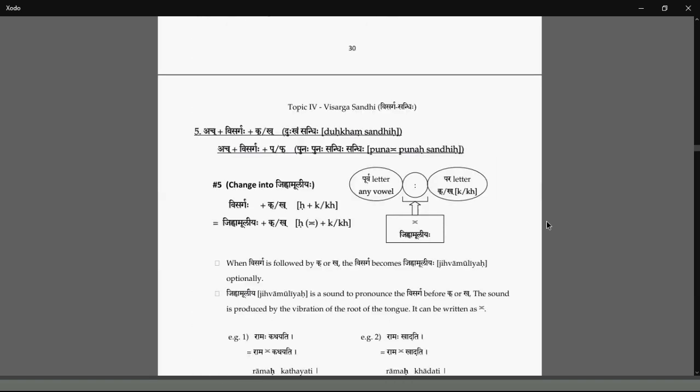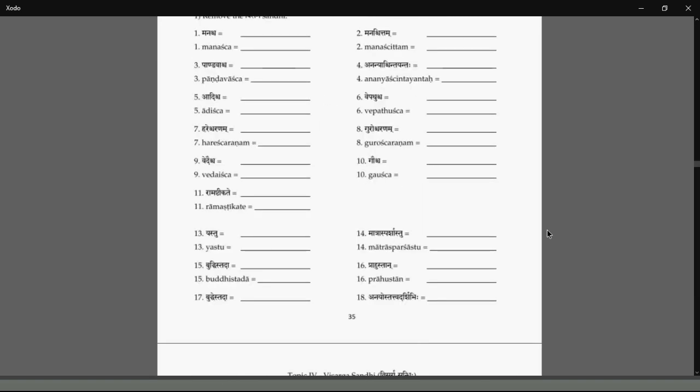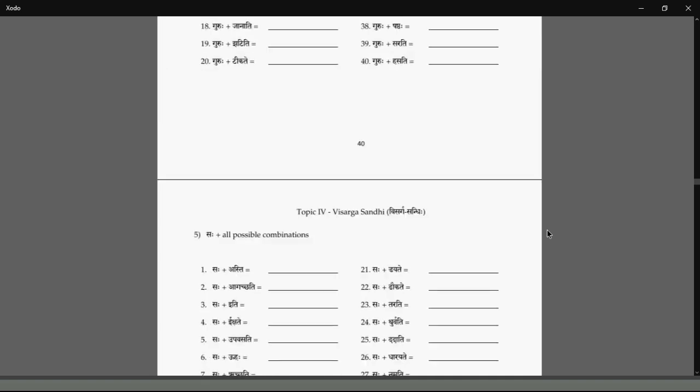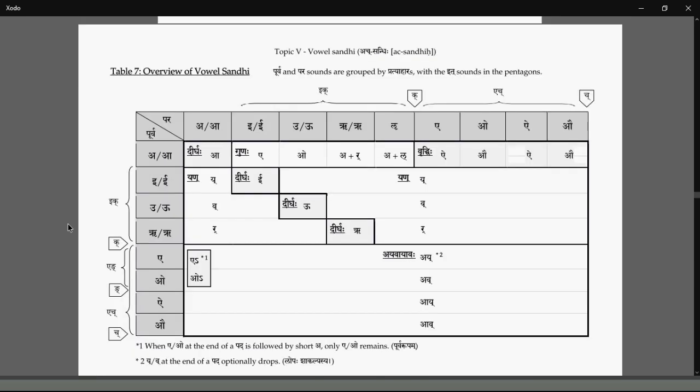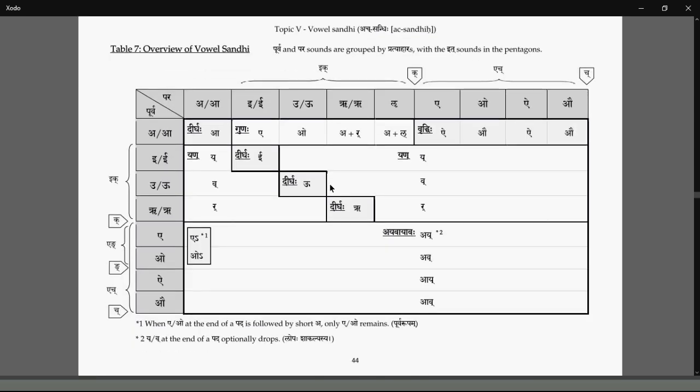Let's look at the ach sandhi, meaning a vowel sandhi. Now this is a chart for vowel sandhi. When two vowels come together, then either the first vowel may be replaced, the second vowel may be replaced, or both may be replaced. And what is the replacement? The first may be the replacement, second may be the replacement, or a third which is related to the first and second may be the replacement.